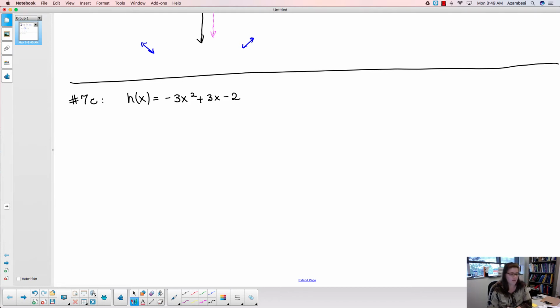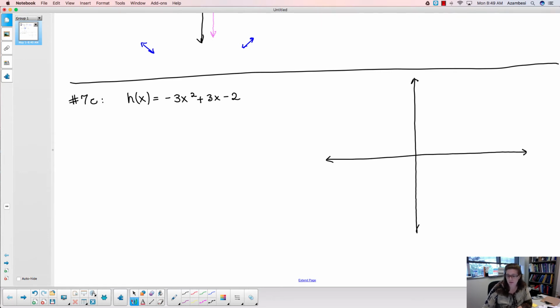All right, it asks for a bunch of things. First thing it asks for is the vertex and the domain and range and axis of symmetry and intercept points, and then it asks you to graph it. So you are going to have to do all of those things. I'm going to put a graph over here.